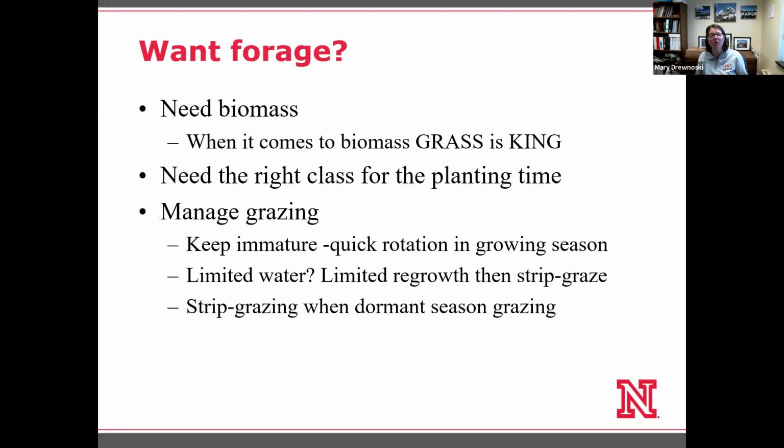So when we think about forage production, grass will always outcompete things like forbs, for instance. That's not saying you can't plant other things for other goals. Just make sure that if this is a major goal, you don't skimp too much on the grass.